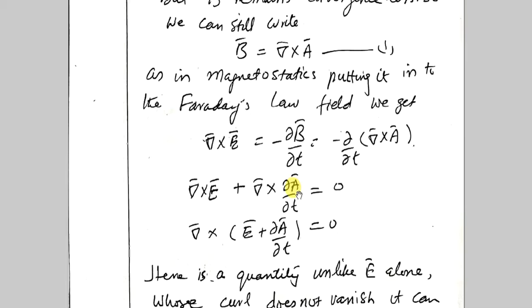So curl of E plus curl of delta A by delta T is equal to 0. Curl of E plus delta A by delta T is equal to 0.